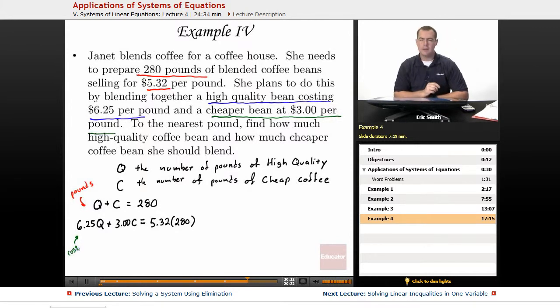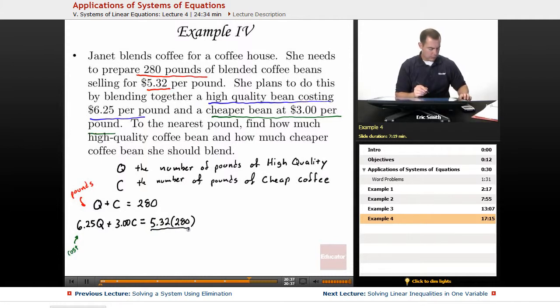So in our system here, you can see the numbers aren't quite as nice, but we can definitely still work with them. Let's do a little bit of cleaning up, and then we'll go ahead and try the substitution method on this system. I'm going to multiply these together first.